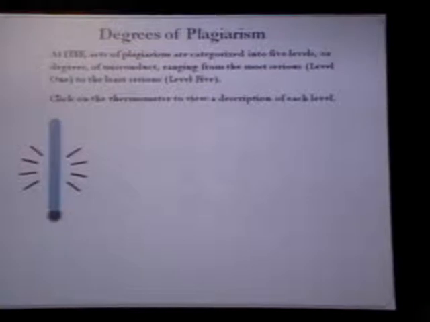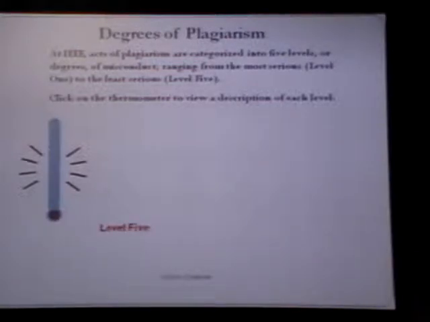Another issue I want to comment on is about plagiarism. According to IEEE, plagiarism is categorized into five degrees, from the most serious, level 1, to the least serious, level 5.